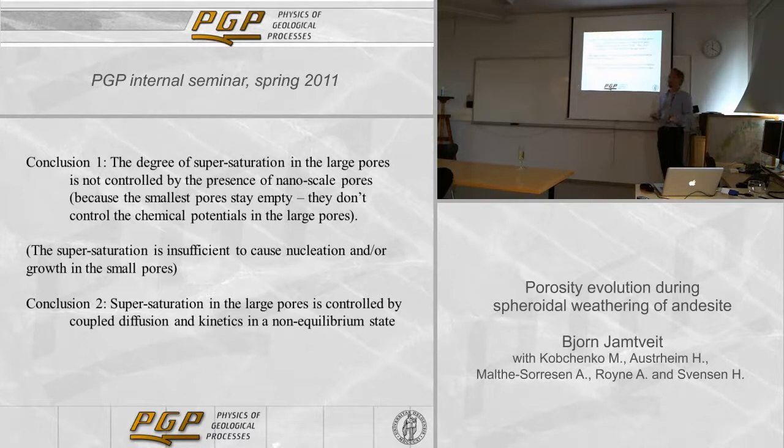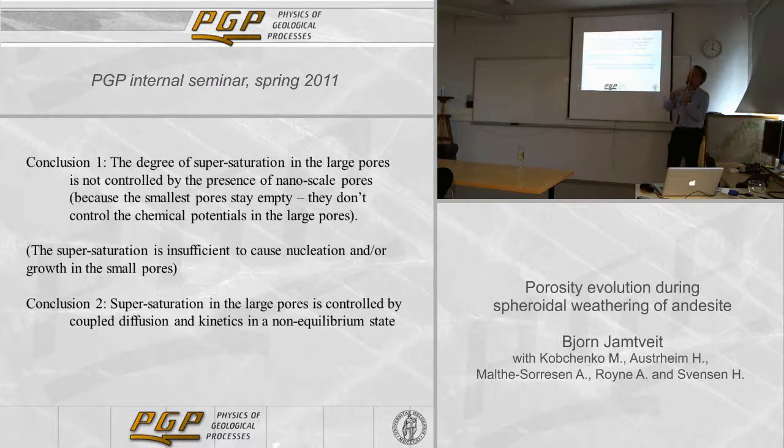One is called an equilibrium model, where you have a porous media with some big pores and some really small pores. The idea is that if the supersaturation is so high that you even precipitate something in the really tiny pores, then because surface energy is important in tiny pores, you require higher concentrations than you need to precipitate in a big pore, where interface energy is not that important.